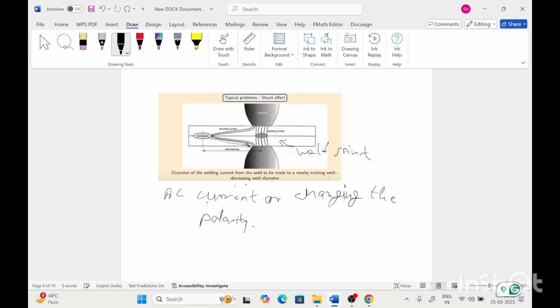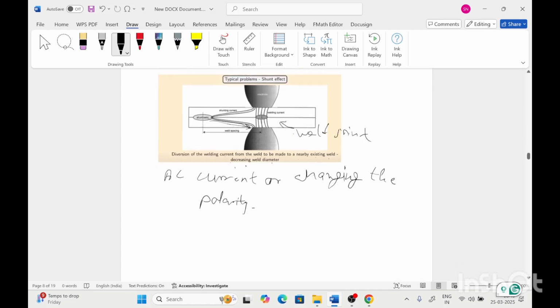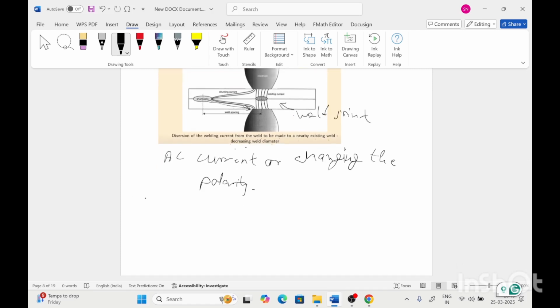In this case, we should be very careful with the distance between two welding joints. Means if we maintain a safe distance between two welding joints, and use a change in polarity or AC current, the shunt effect can be reduced. This shunt effect is generally predominant in dissimilar metal welding.